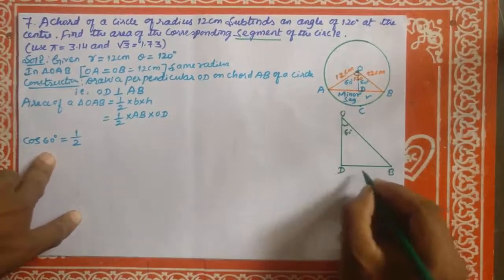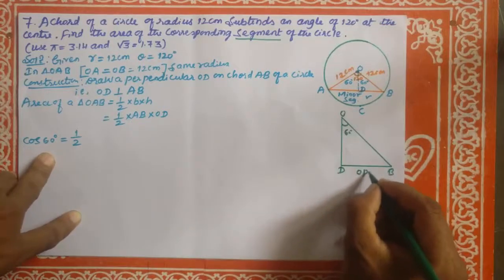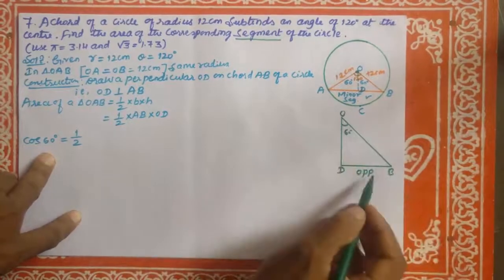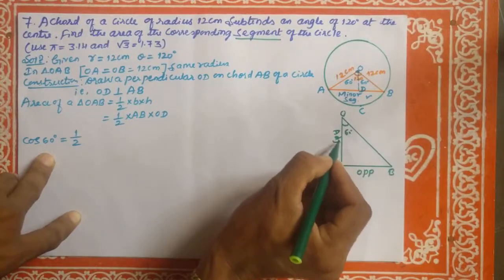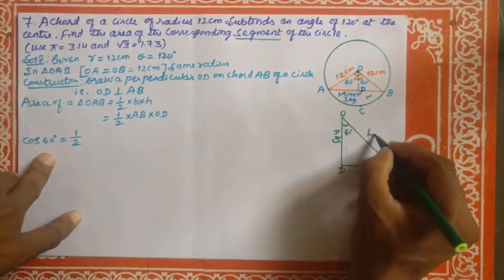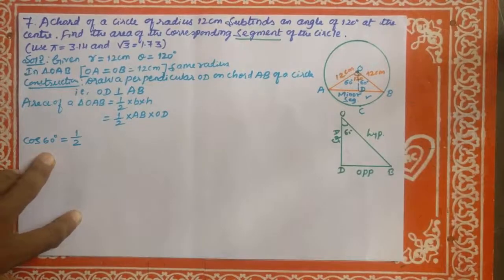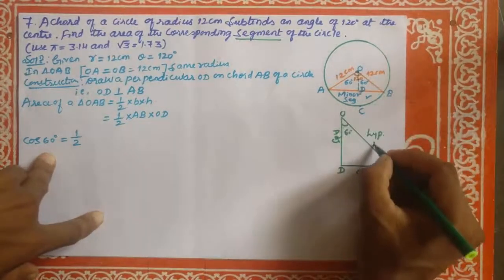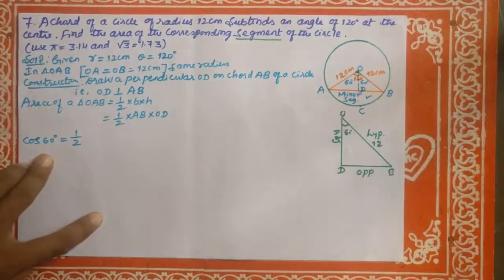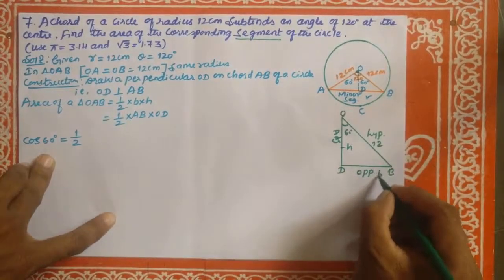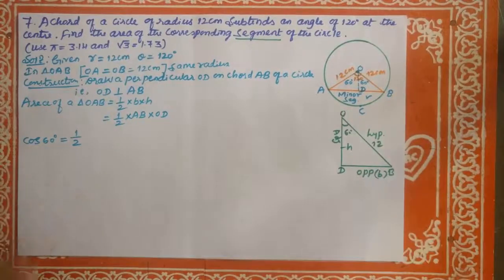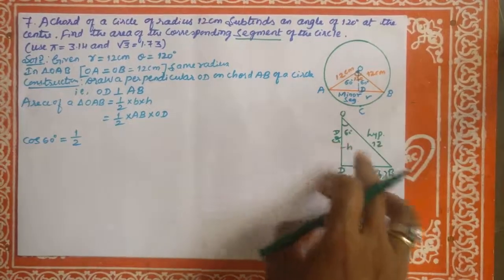Cos theta is adjacent divided by hypotenuse. The hypotenuse is 12 centimeter, as given. Now we need to find the height and the base.